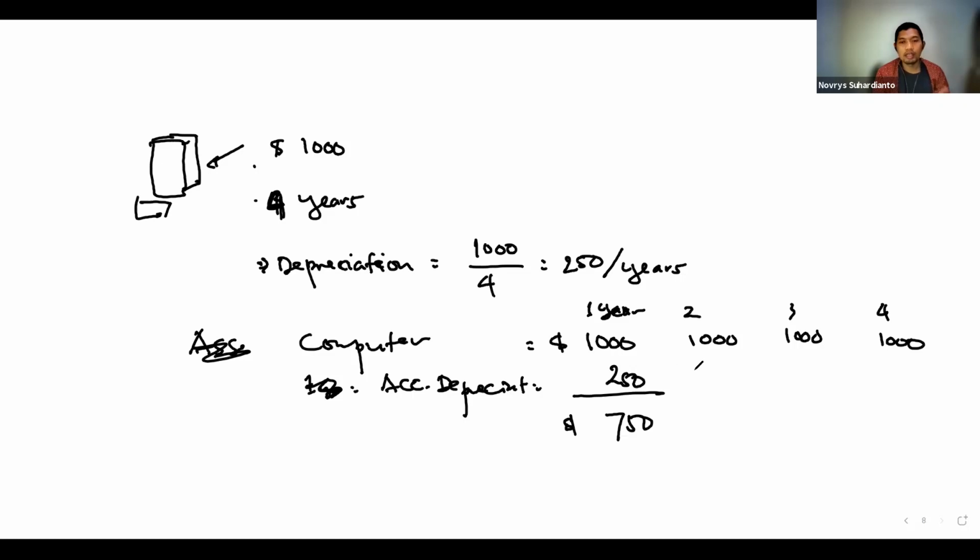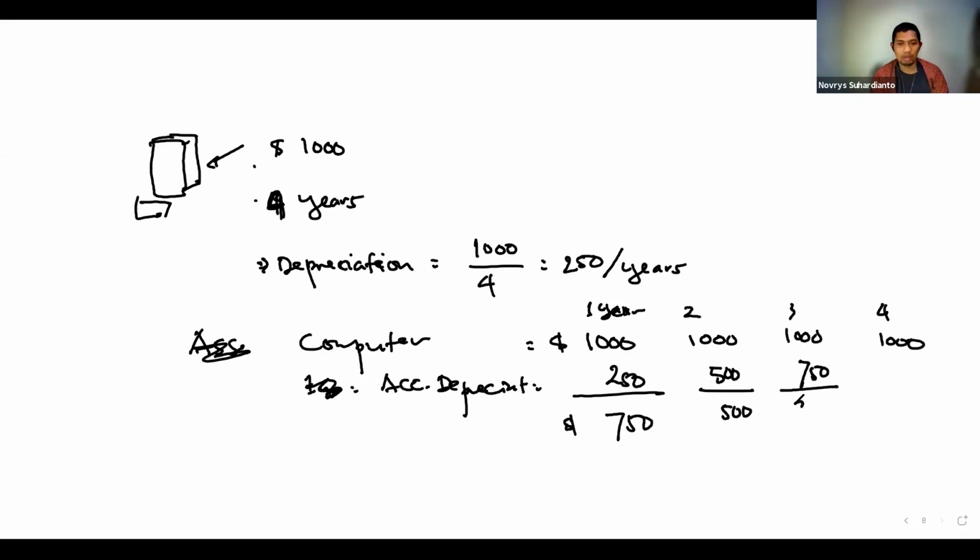However, at the end of the second year, the accumulated depreciation is now 500, because you already consumed 2 years of economic benefit of this computer. Then the net value of the computer is 500.